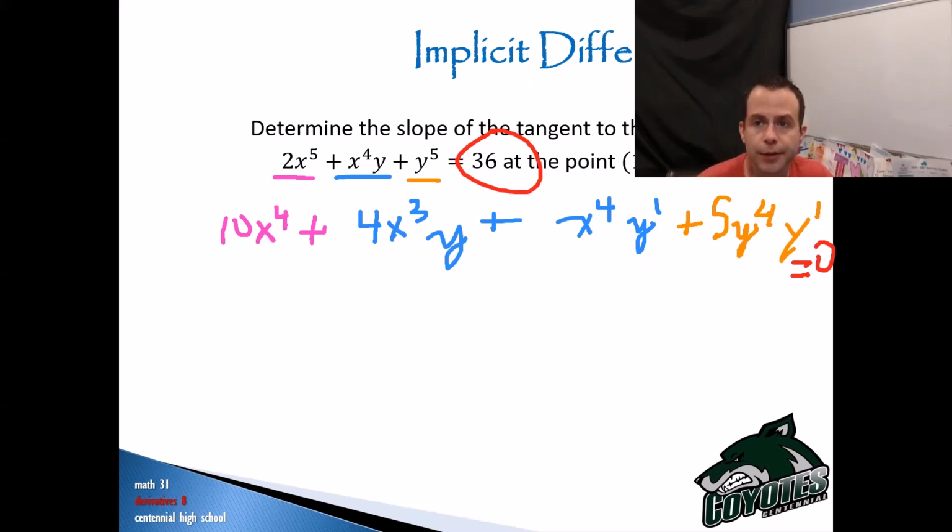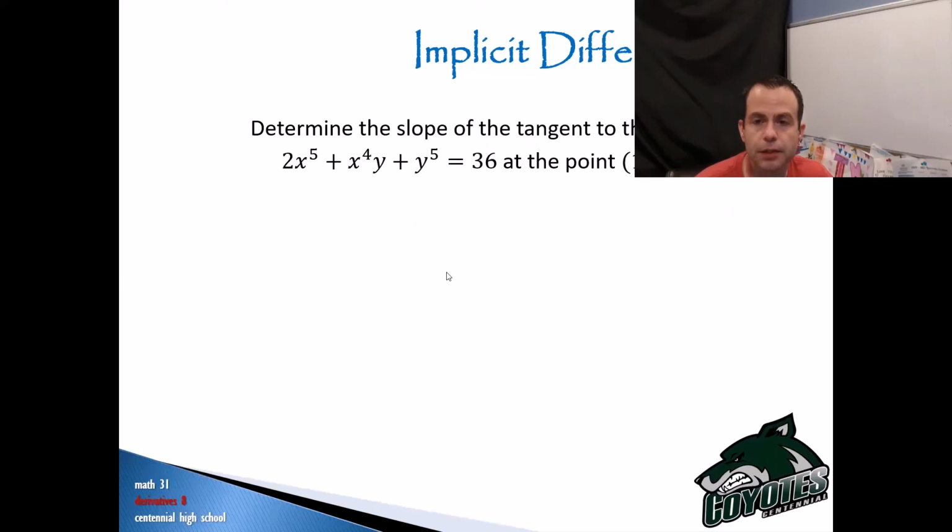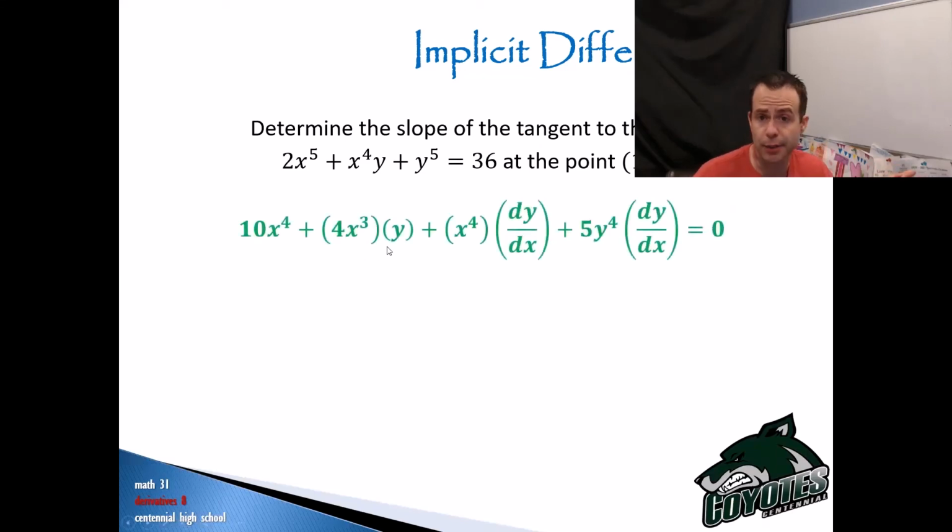I'm going to clear the ink and bring that up to you here. That is exactly what I just said. I've got 10x to the 4, and then the derivative of f times g plus f times the derivative of g for the product rule, and then 5y to the 4, derivative of y, equals 0.